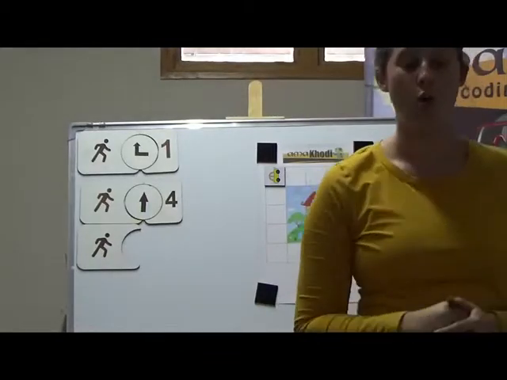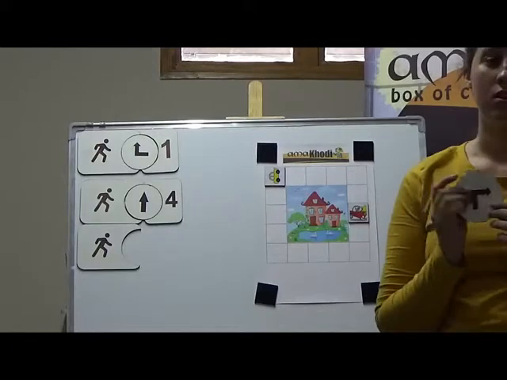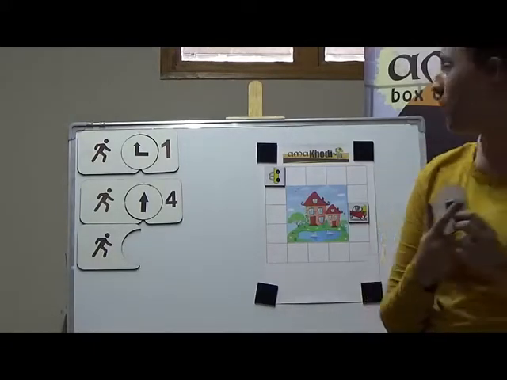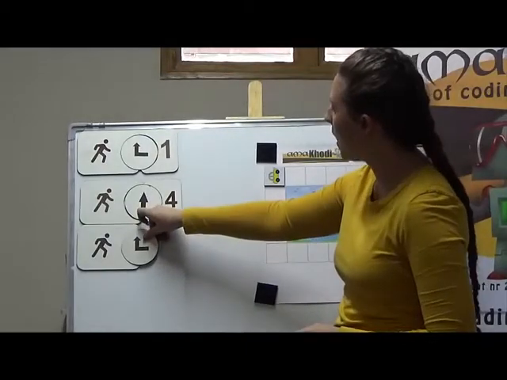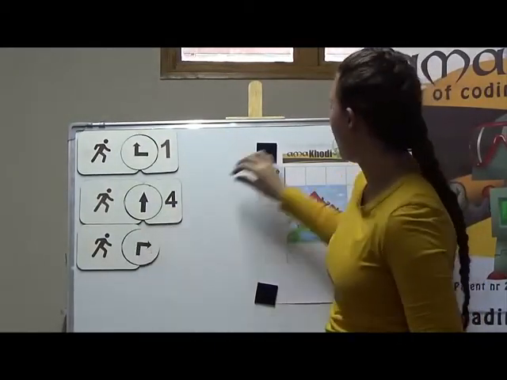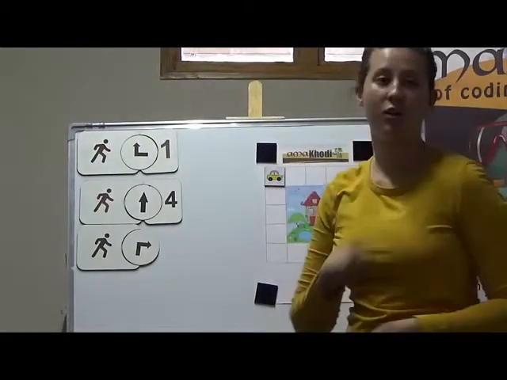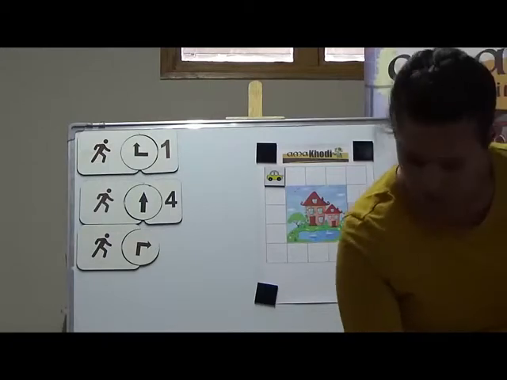No, we can only walk to the right. And if you use the arrow, you must use one that shows that you turn. We're already going up, so can we show we turn up? No, we turn to the right. And remember, we turn only one time.